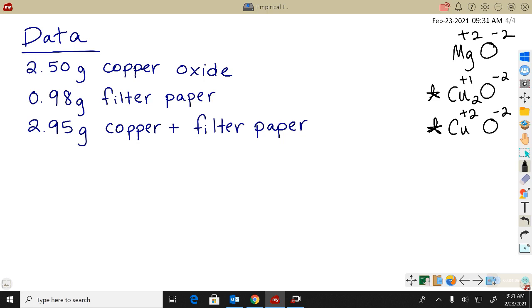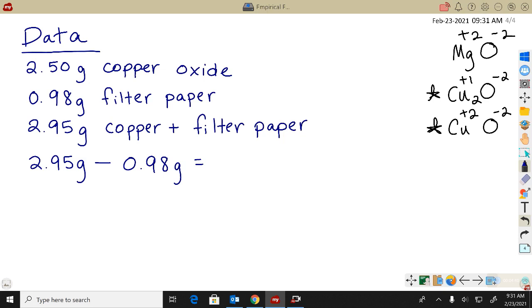Okay, so there's one other piece of data that I like to list, and that is the mass of the copper alone. And so to get the mass of copper alone, all we have to do is a little subtraction. I know the mass of the copper plus the filter paper, so would it make sense if I took the 2.95 grams and subtract off the filter paper? Then the difference should be the amount of copper that I collected.